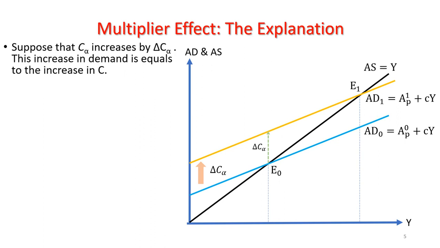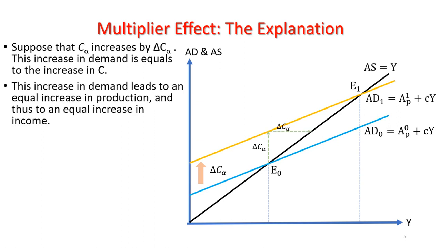This increase in aggregate demand leads to an equal increase in production and thus to an equal increase in income, as shown by horizontal dotted arrow.